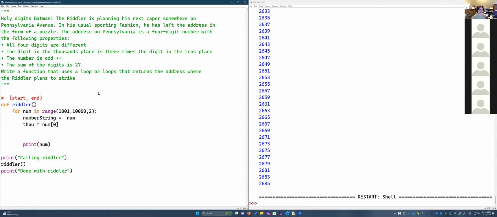Actually, sorry, string. So getting back on track, one way we can get the individual digits, because that's what we need to do in order to do the other checks, is that we can convert that number into a string. Then we can take the first thing in the string, the thing at index 0, and convert it into an integer and store it like that.